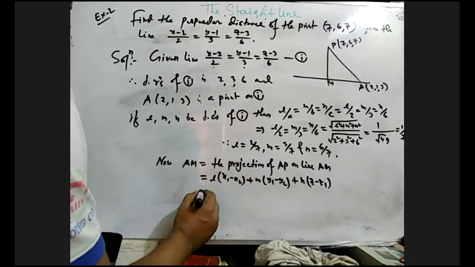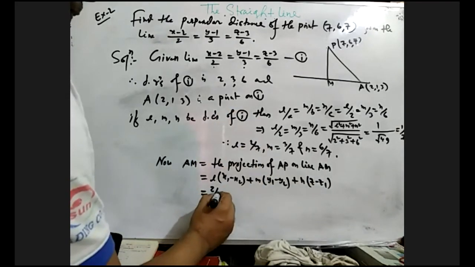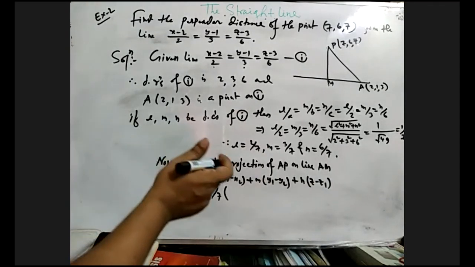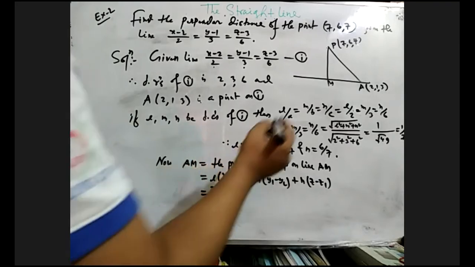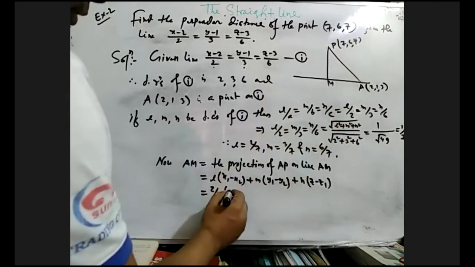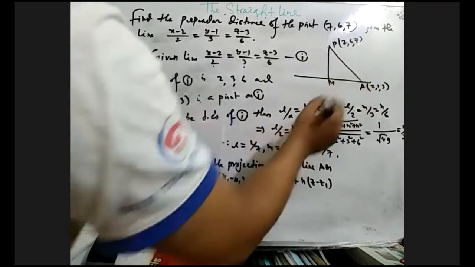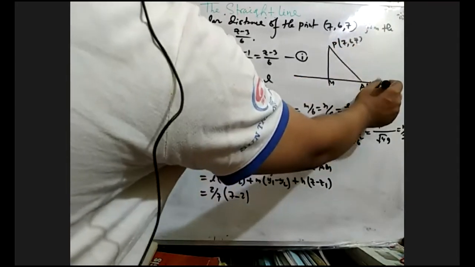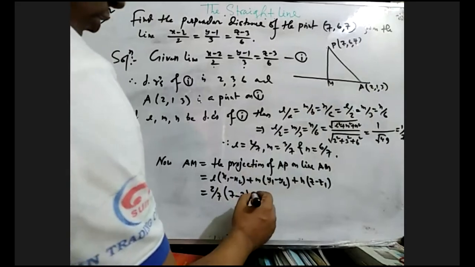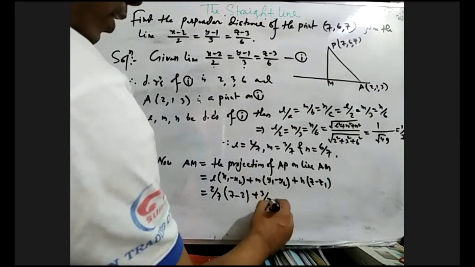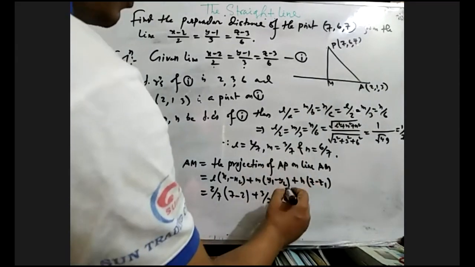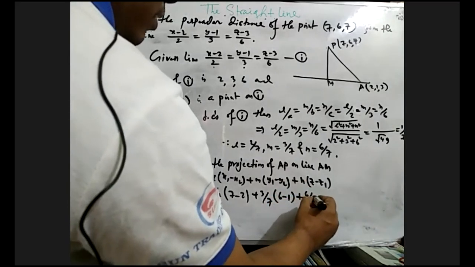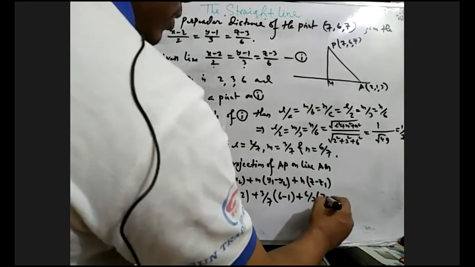So l equals 2 by 7, x1 means 7, and x2 means 2. Okay, this is x1, y1, z1 and this is x2, y2, z2. Using this, 3 by 7 for m, and y1 minus y2 is 6 minus 1, plus 6 by 7 times 7 minus 3.